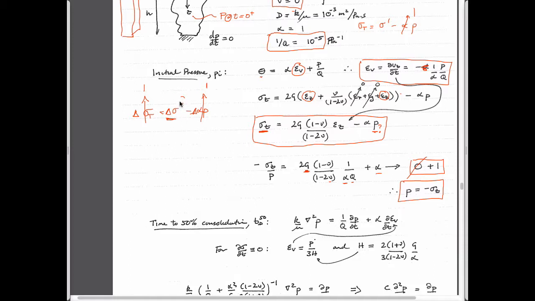And if the change in effective stress is 0, and it's effective stress that causes deformation, then the deformation also has to be 0 initially. So the physical reality is that the fluid pressure being applied, if you use this sign convention appropriately, stops the deformation from occurring.